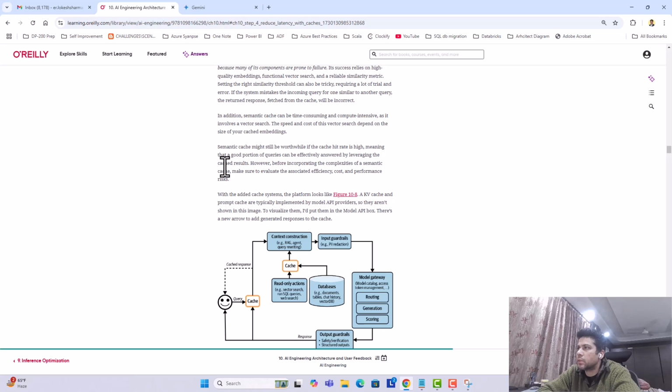Yeah. So maybe let's try to break it down. Why it is time consuming is because you have to embed the question that is being asked, which means some process has to run, and some lookup activity would have to be performed in the vector DB, and that is where it could take time.